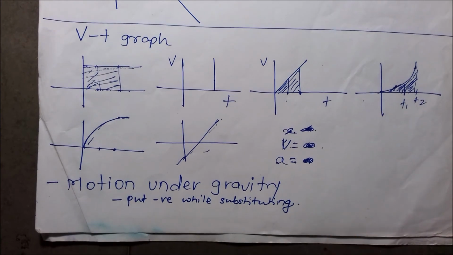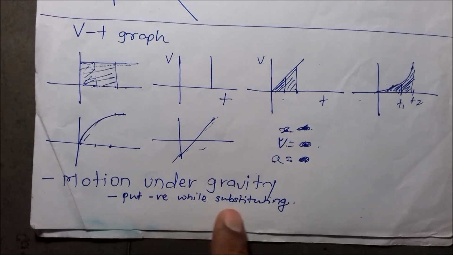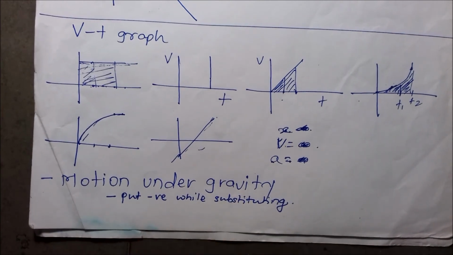For motion under gravity, the same equations of kinematics are useful. Only while substituting in the equation, we have to put signs.